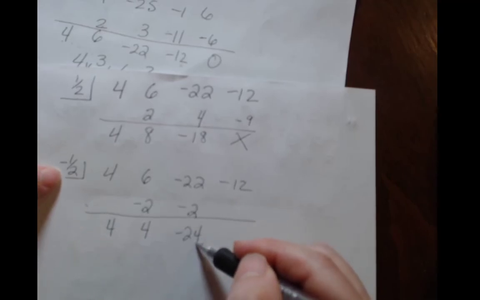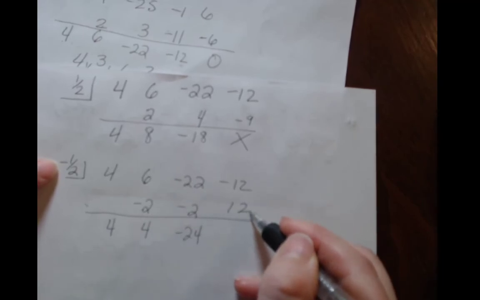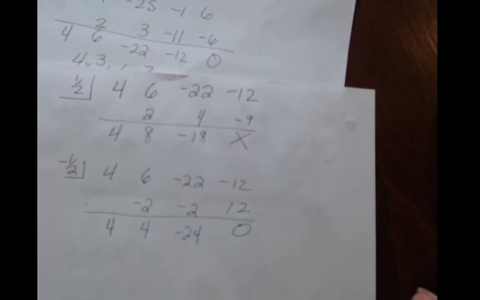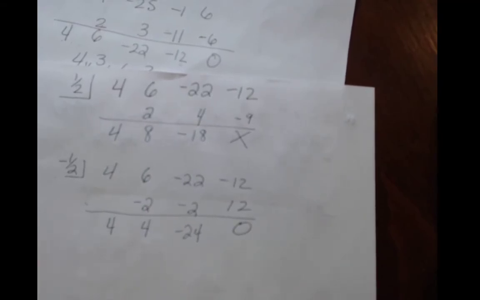Multiply. Ooh. Half of 24 is 12. Negative times negative is positive. Glad I didn't skip that one. So negative 1/2 is a factor. Now we know that positive 1/2 is a 0 and negative 1/2 is a 0. So now we have 2 factors.